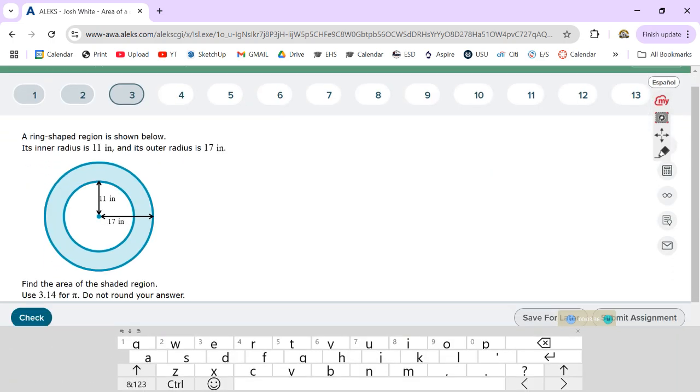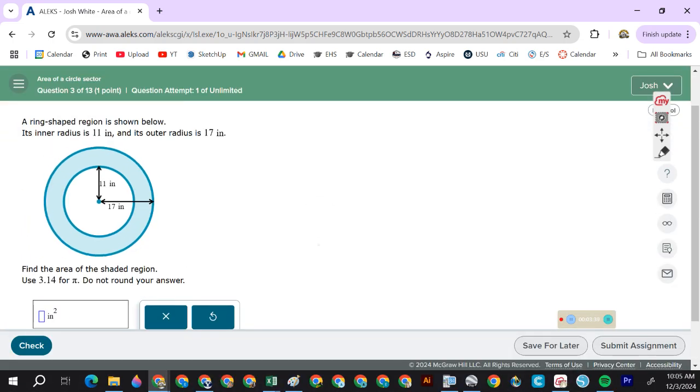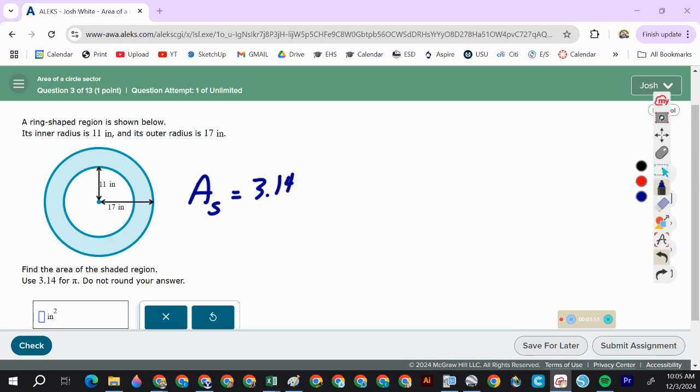Number 3. So here I have 2 circles, and I want to know what is the area between them. So the area of my small circle is 3.14 times 11 squared, and the area of my large circle is 3.14 times 17 squared.